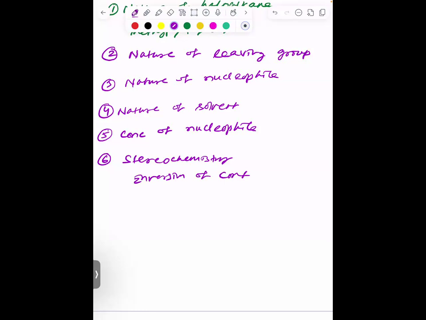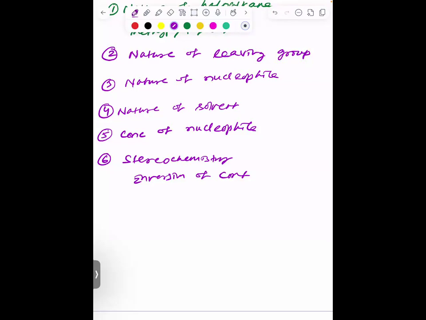SN2 goes through complete inversion of configuration, as the attack of the nucleophile takes place only from the opposite side of the leaving group.